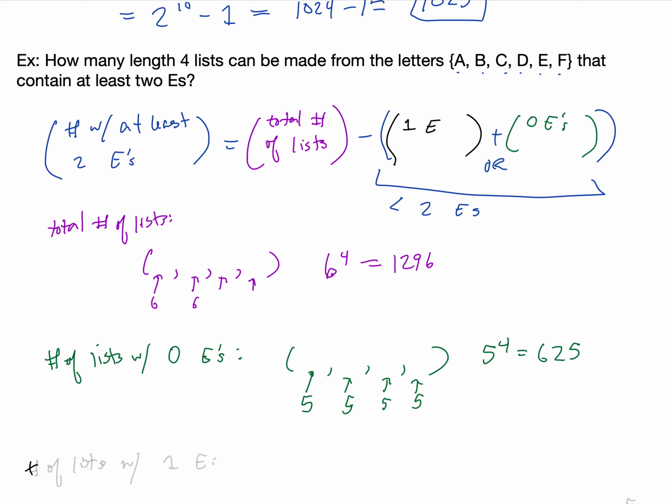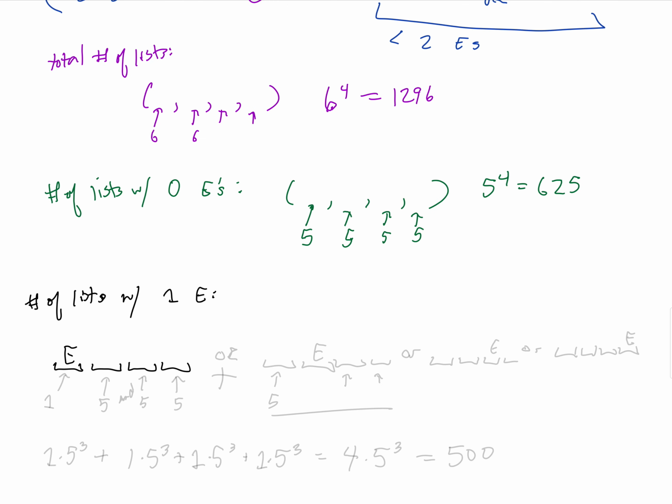So what about the number of lists with exactly 1 E? We can break this down into, first, a list with an E in the first entry, or an E in the second entry, or an E in the third entry, and you get the idea, or in the last entry. So those are the possibilities. Or again goes with addition.